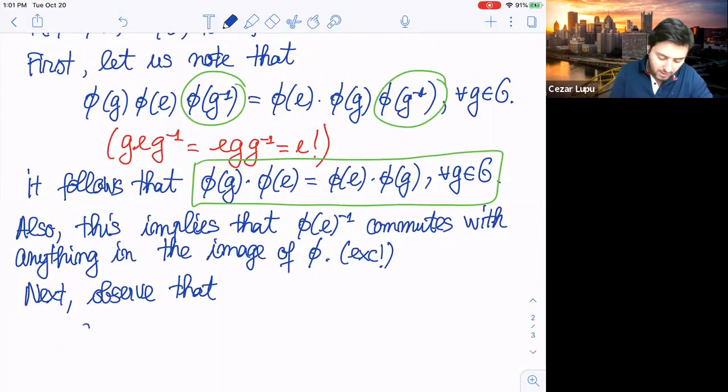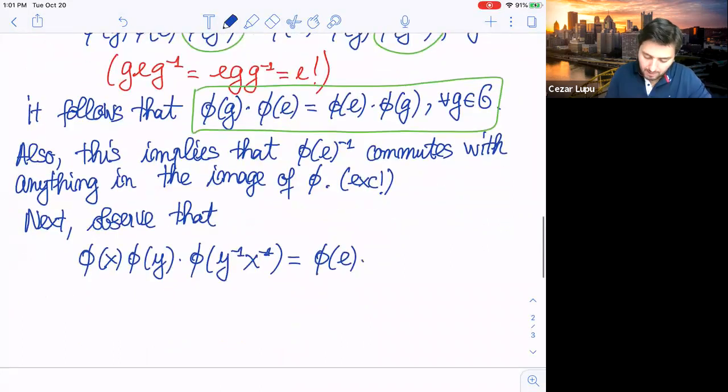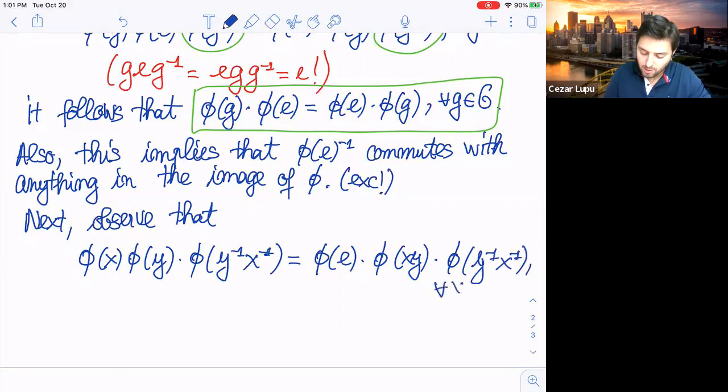If I take elements phi of x, phi of y, and the last one phi of y inverse x inverse, this will be phi of e times phi of xy times phi of y inverse x inverse for all x, y in G.